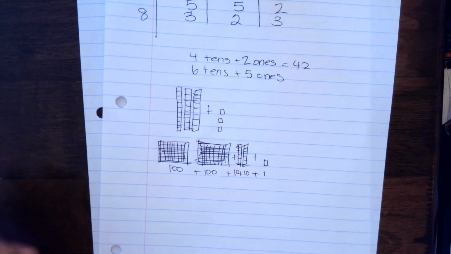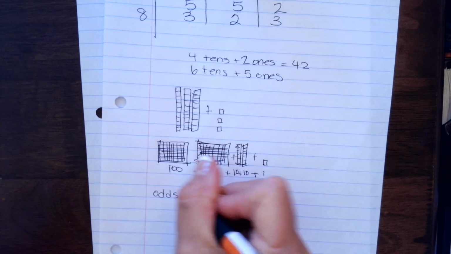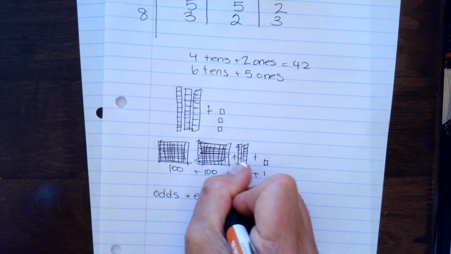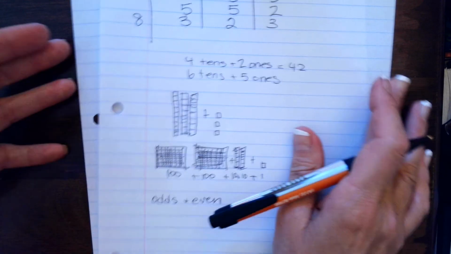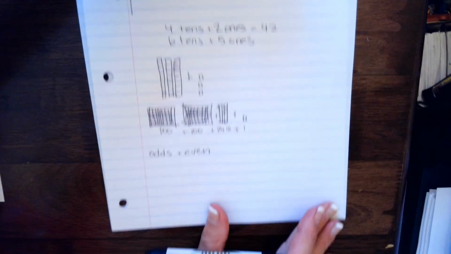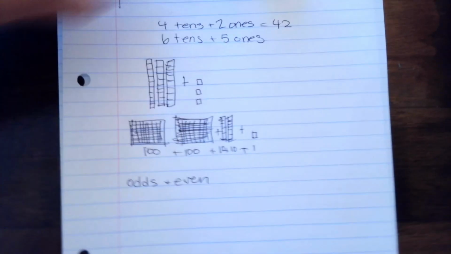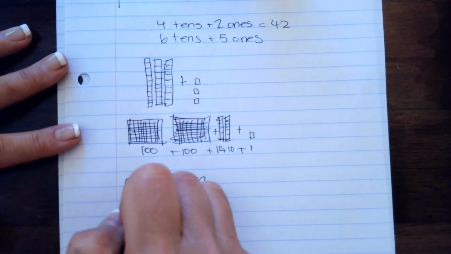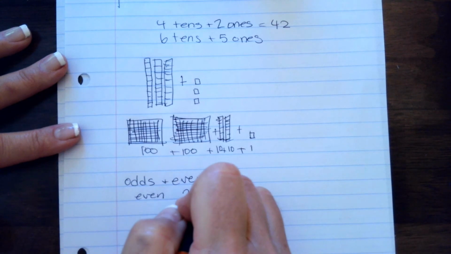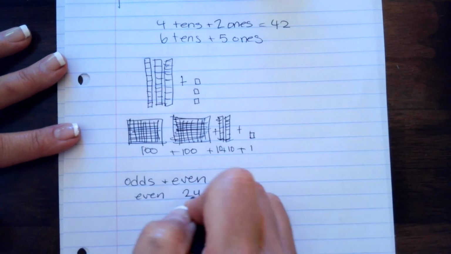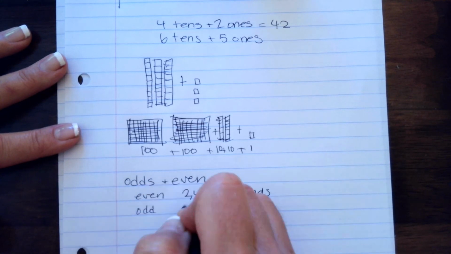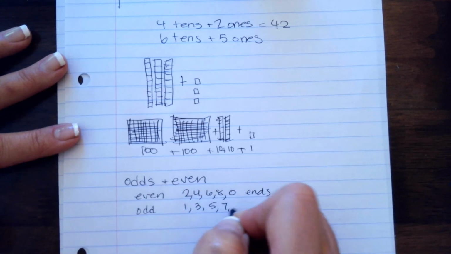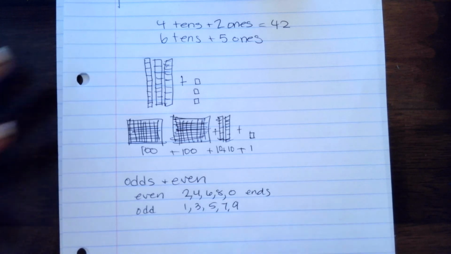Okay. So now we're going to talk about odds and evens. So how do we know if a number is odd or even? Even numbers are 2, 4, 6, 8, 10, 12, and the odd numbers are the numbers that are between those, maybe 1, 3, 5, 7.